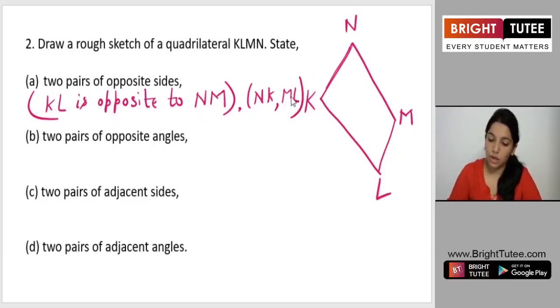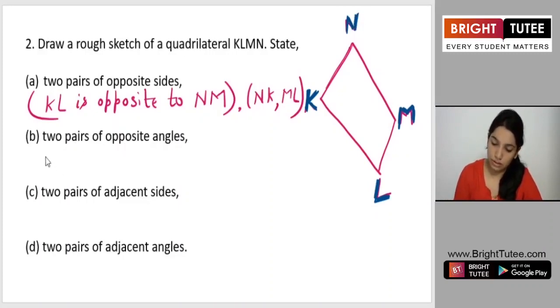Now the next one, 2 pairs of opposite angles. So angles that are opposite. Let me just change the color here. Just one moment. So this is point K. I hope it's clearly visible. This is point L, M, and point N. So we need to name two pairs of opposite angles.